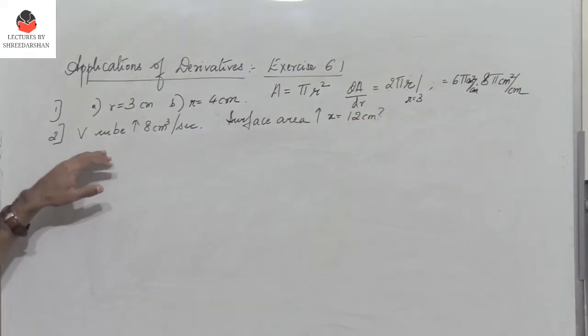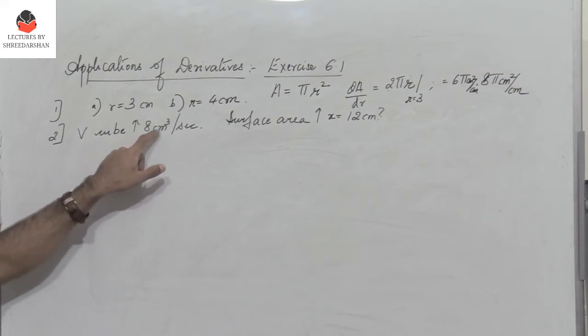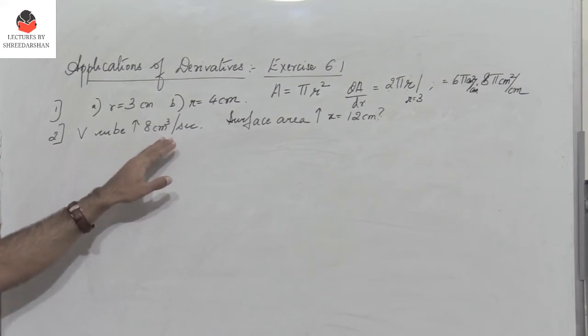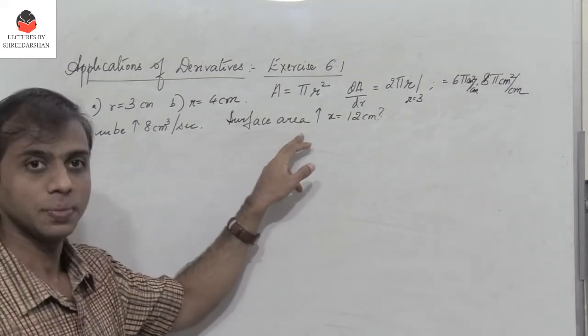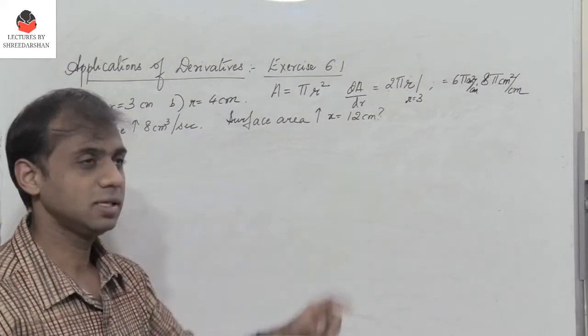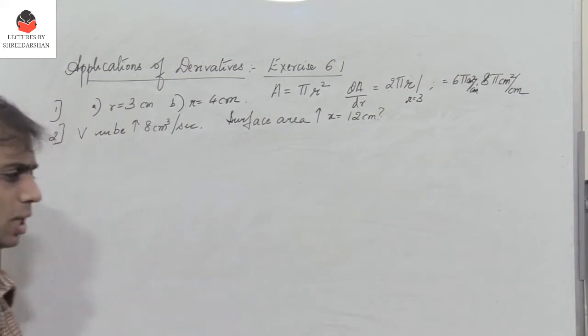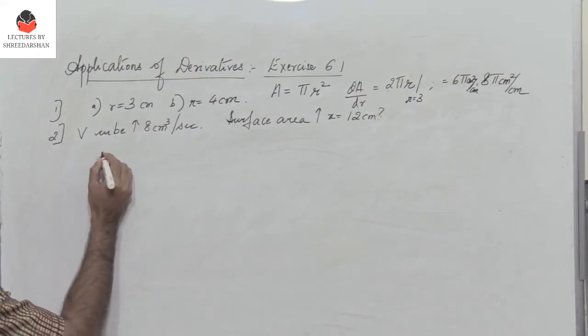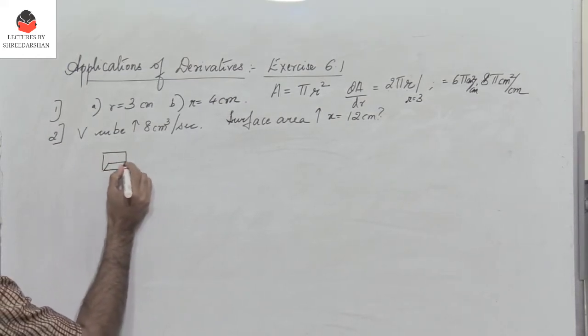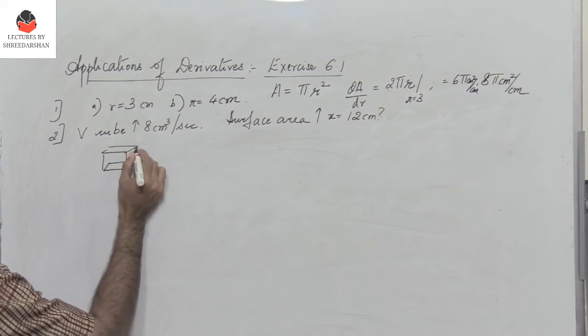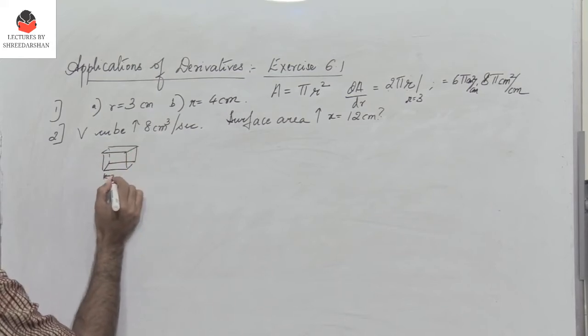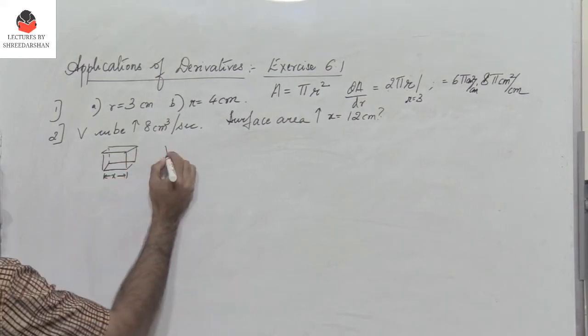So in the second problem, it's been given that the volume of the cube is increasing at the rate of 8 centimeter cube per second, and we need to find the increase of the surface area if the side x equals 12 centimeters. We know that when we consider a cube, all the sides are equal, isn't it?